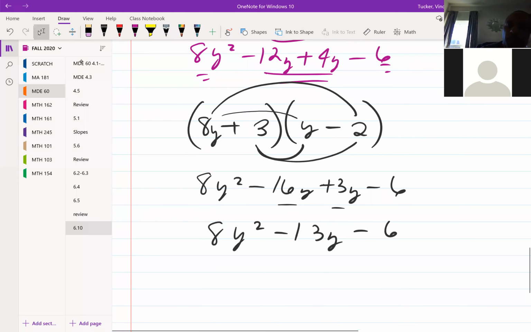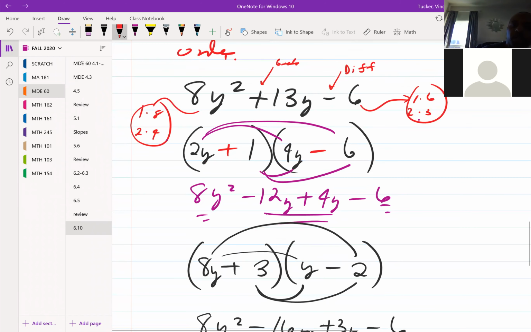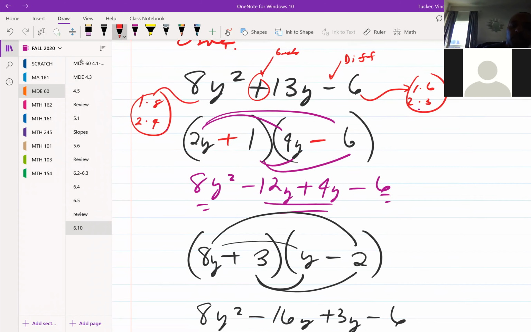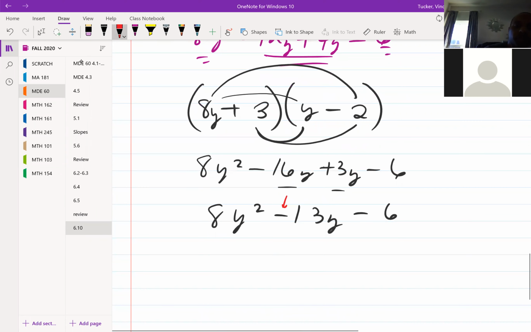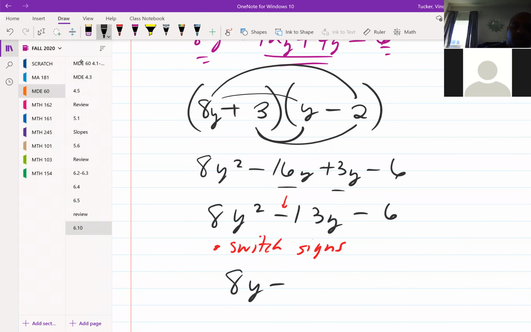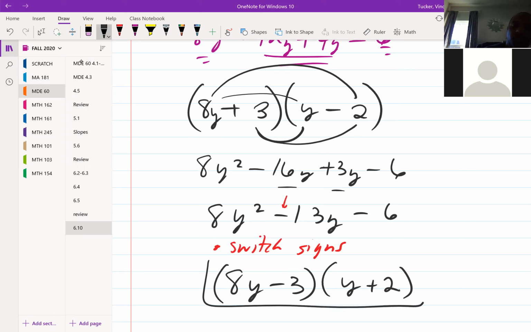All right. So notice that we have a negative 13y, but we needed a positive 13y. If that's ever the case, just switch signs. So that'll be 8y minus 3, y plus 2.